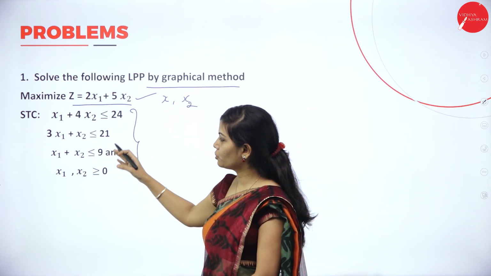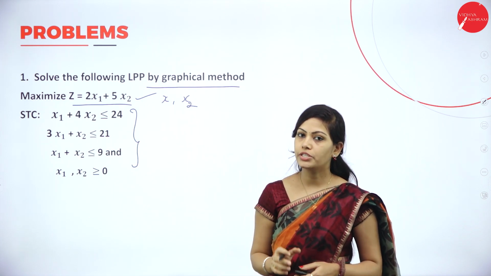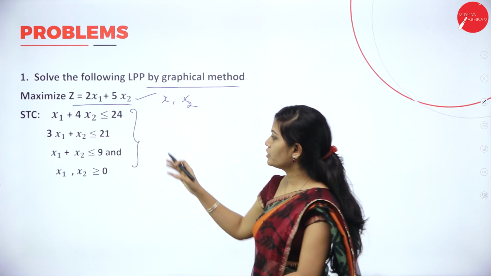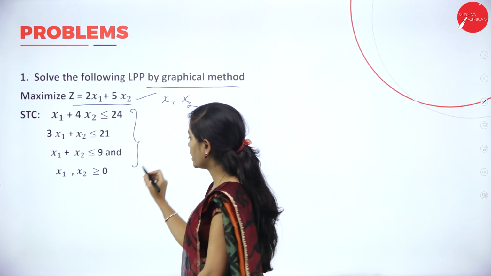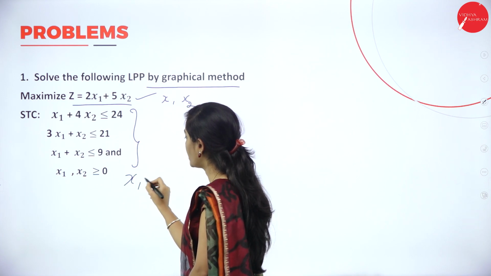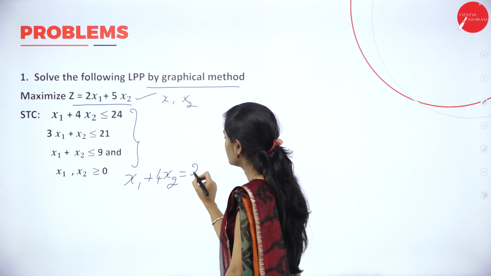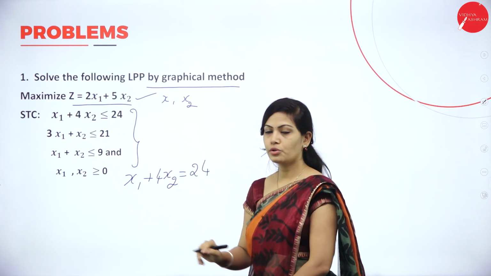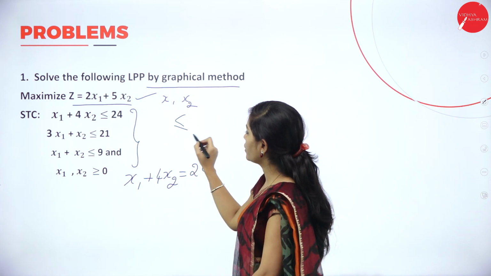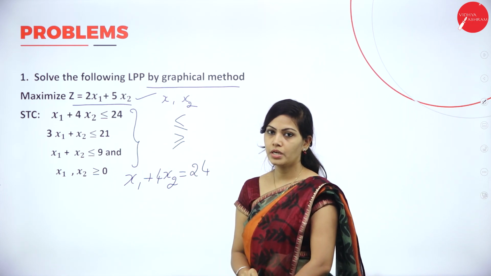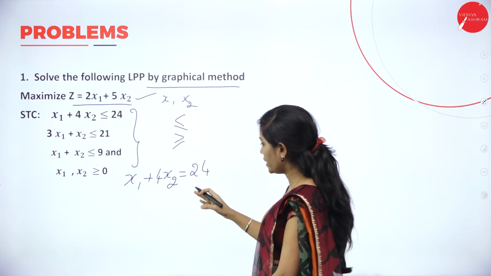First we have to change all the constraint inequalities to equations. So the first step is to change all the inequalities to equalities. x1 plus 4x2 is equal to 24. The inequality means less than or equal to, greater than or equal to, and here I have changed this inequality into equality.